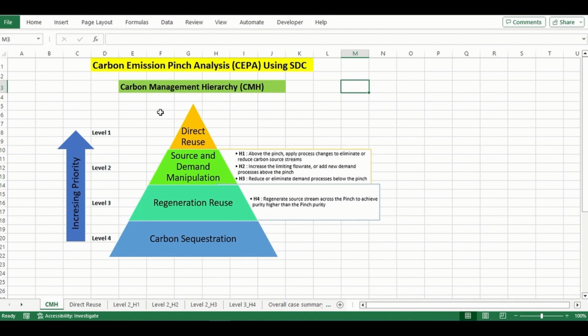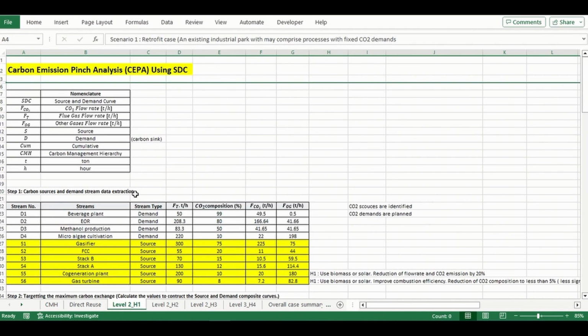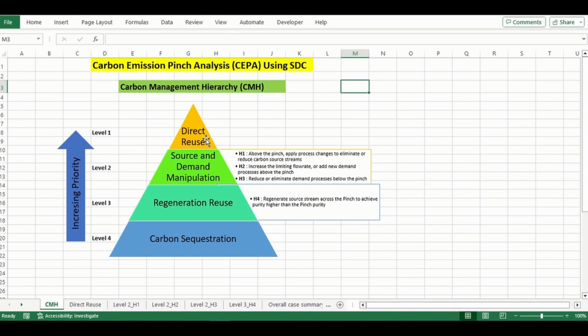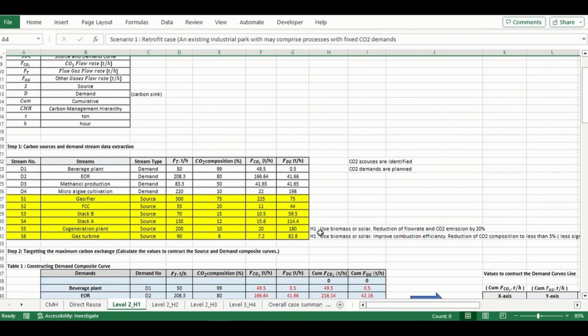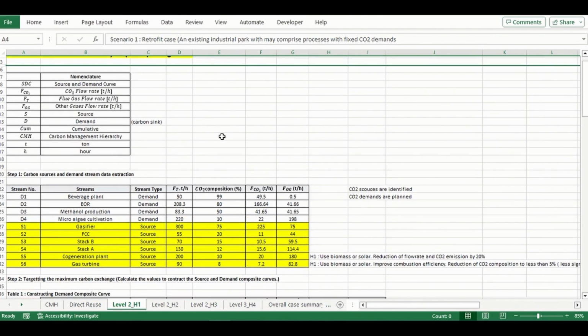Now let us look at H1 in the next Excel sheet. What we performed in the earlier demonstration represents level 1, which is direct reuse. Now we'll focus on level 2, H1, which is above the pinch, applying process changes to eliminate or reduce carbon source streams. There are two actions taken for the case study in the journal review paper.